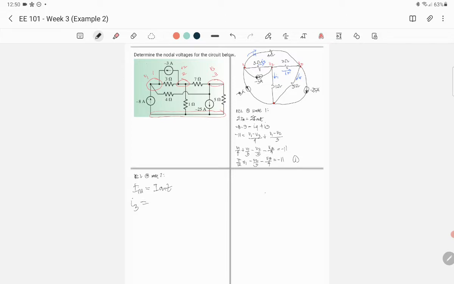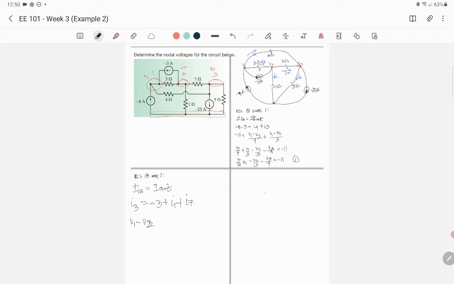And for the I out, we have negative 3, plus I1, and plus I7. So let's have its voltage representation using Ohm's law. I3 is just equal to V1 minus V2.